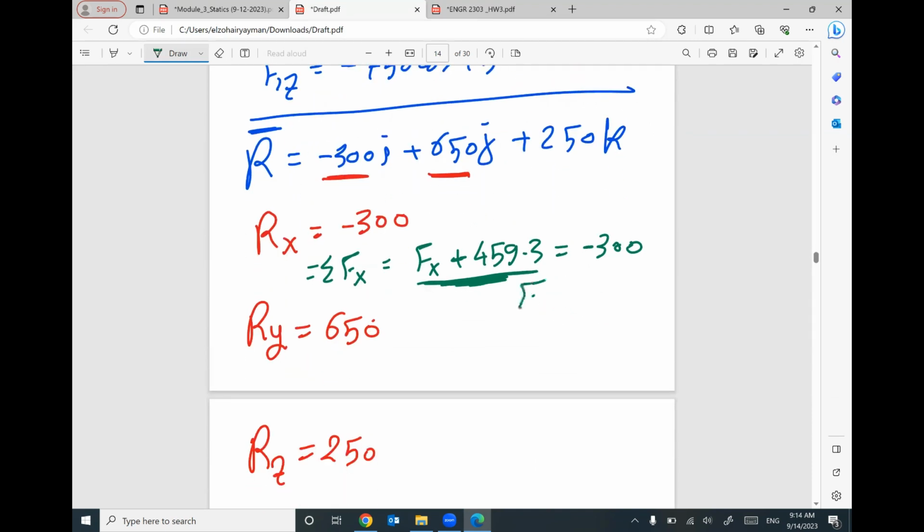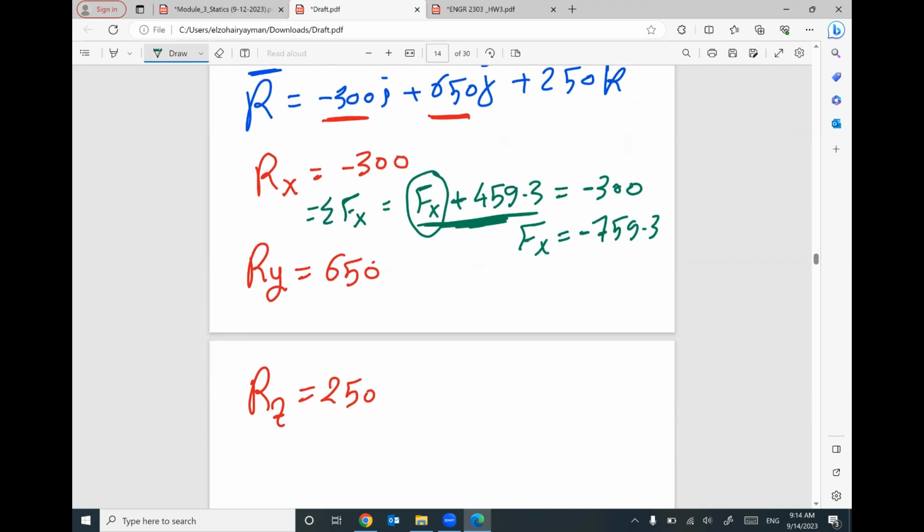Can you figure out the Fx? I can. The x component of the first force will be negative 759.3.